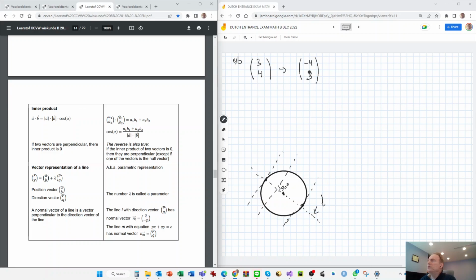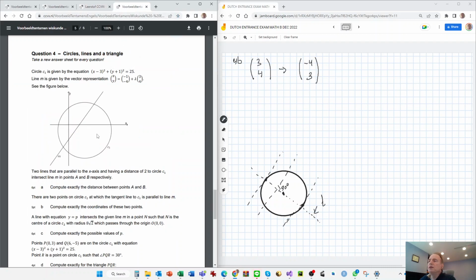So we know the direction vector, that's the right name. But we also know that the circle center has to be on it, and that the center of the circle is 3, minus 1 again.